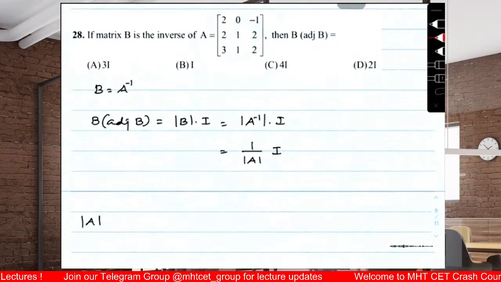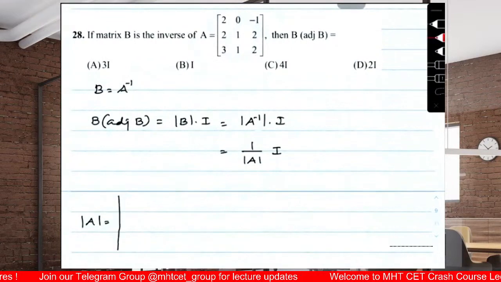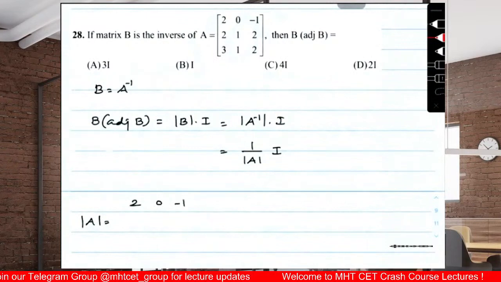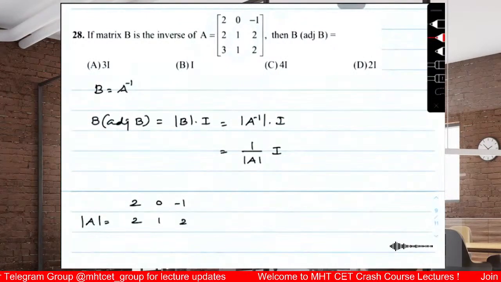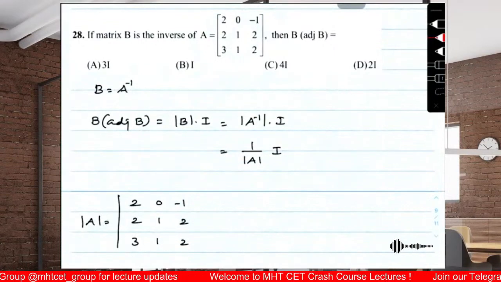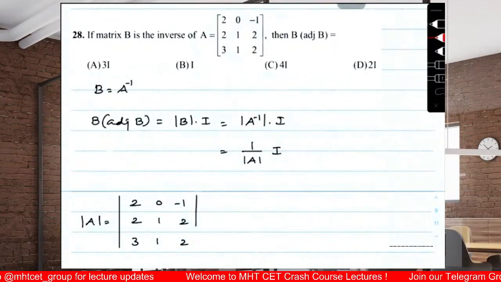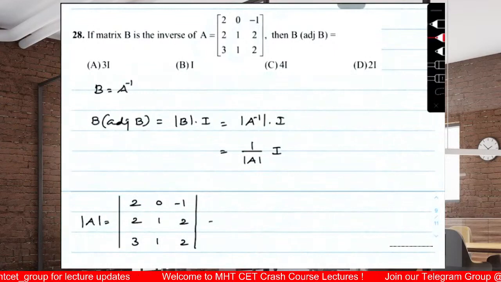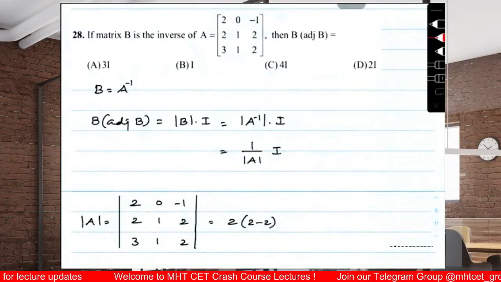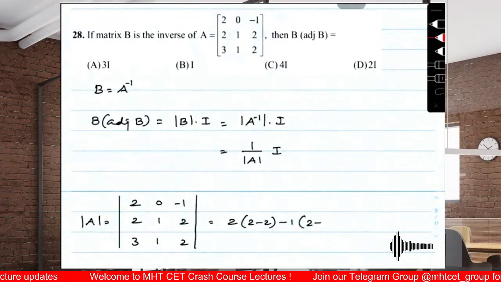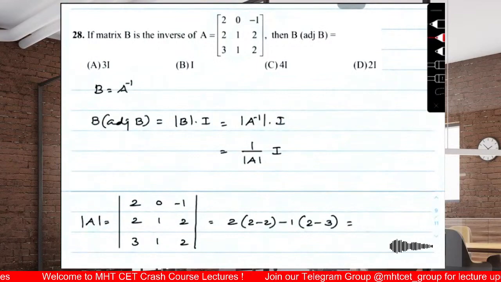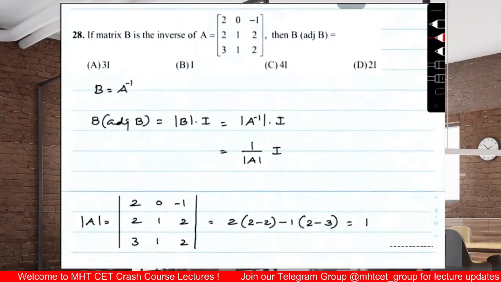Determinant of A is determinant of 2, 0, minus 1, 2, 1, 2, 3, 1, 2. Find determinant of this. It's 2 into 2 minus 2, that is 0. Minus 1 into 2 minus 3. That is 0 minus 1, that is plus 1.